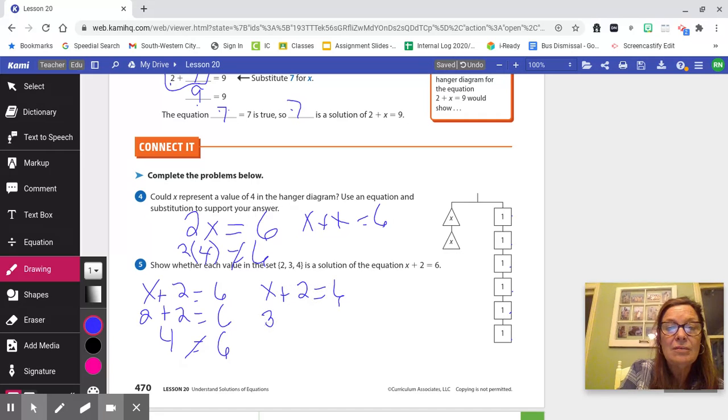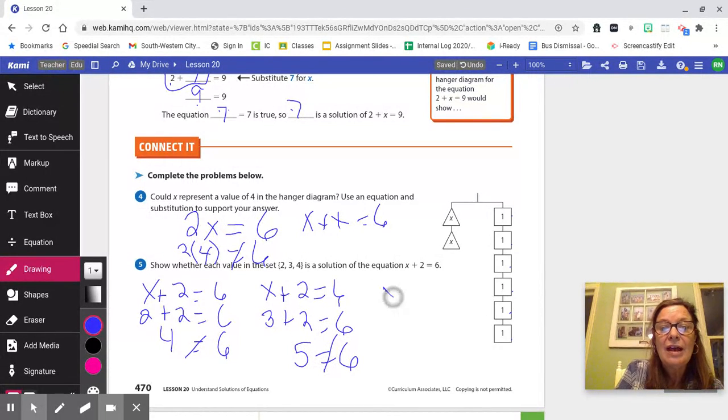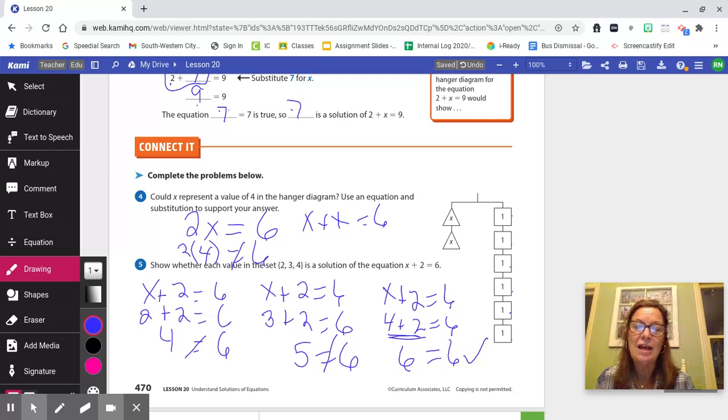Substitute 3 plus 2 equals 6. 5 equals 6. No. And then we have x plus 2 equals 6. Substitute 4 plus 2 equals 6. I solve this part and I get 6 is equal to 6. That checks out. That is the correct answer.